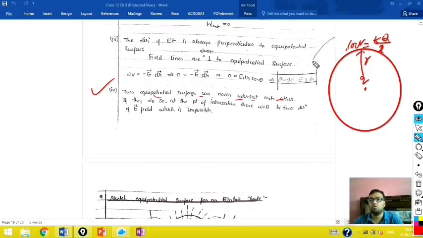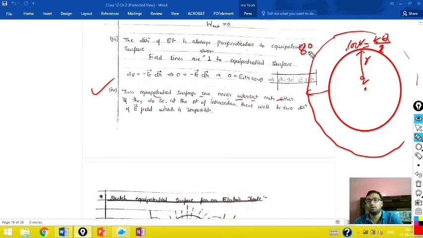If we have one more equipotential surface for this charge, meaning one more shell, then at that point your potential will be lesser, not equal to 100. It may be anything. But we can say that these two equipotential surfaces will never cut each other; this cannot happen.